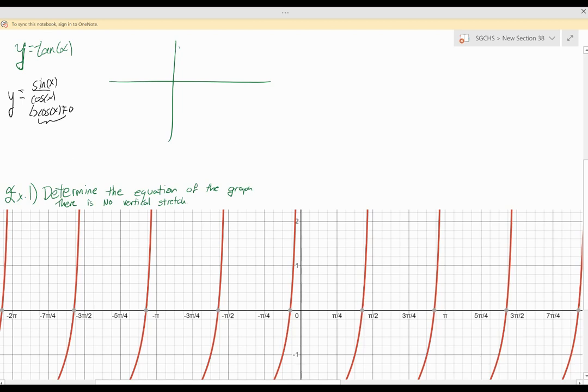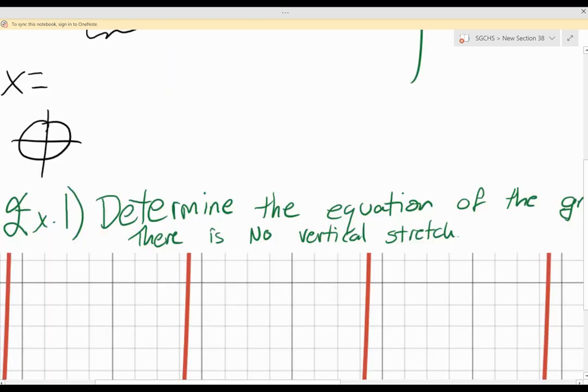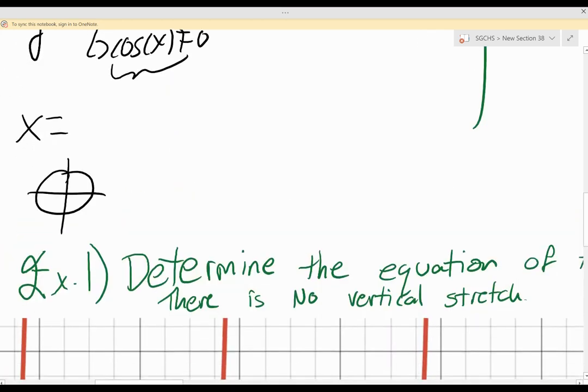Anytime a value of x causes this to equal 0, that's an asymptote because it's also a non-permissible value. Now, this is a repeating non-permissible value. If we think about our unit circle here, cos x is 0 at pi over 2 and 3 pi over 2, and this repeats.